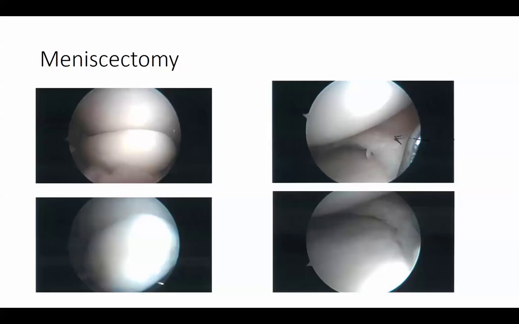In terms of red, red, red, white, white, white, it looks red, white to me. Yeah, so if it involved more of a red, red capsular junction, I proceed more towards repair.